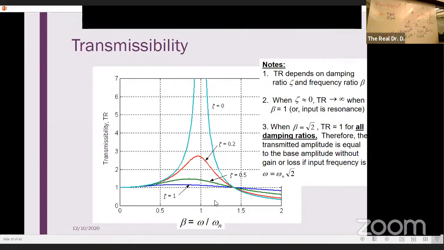This system is fine as long as we don't exceed twice the input, and so you keep the transmissibility less than 2. But we need to be able to look at a Bode diagram and understand what frequencies we cross that are out of bounds now, because we have too much amplification of our signal, right? Okay.